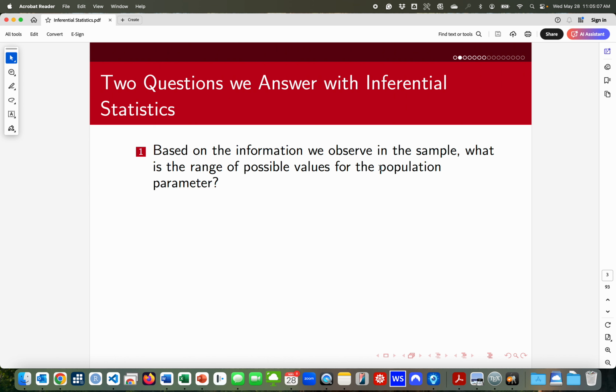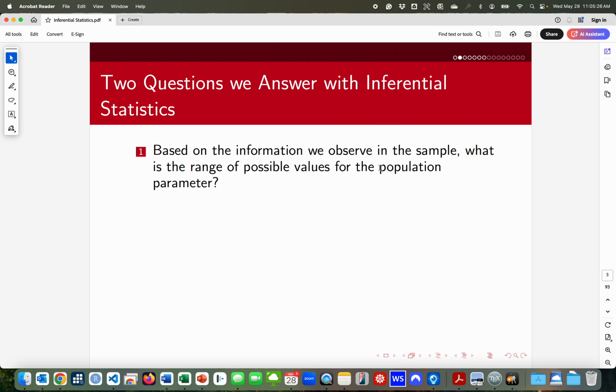And we have to generate an interval because we're working with a continuous variable. So I can't say, I think the population mean is 10, because 10 is one out of an infinite number of possible outcomes. What I'm going to do is construct an interval.